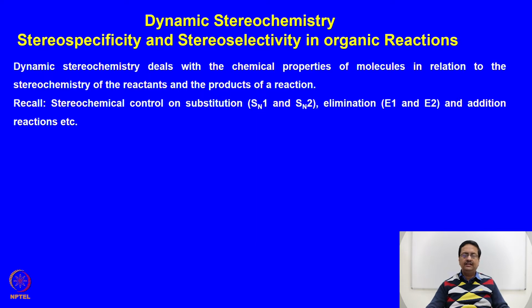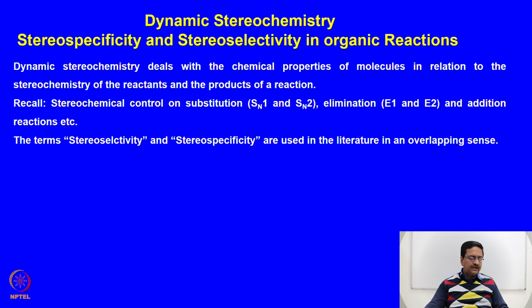As a result, you end up getting two different products based on whether the mechanism is E1 or E2. In this couple of lectures this week, we will discuss more about addition reactions and their corresponding stereochemical preferences.